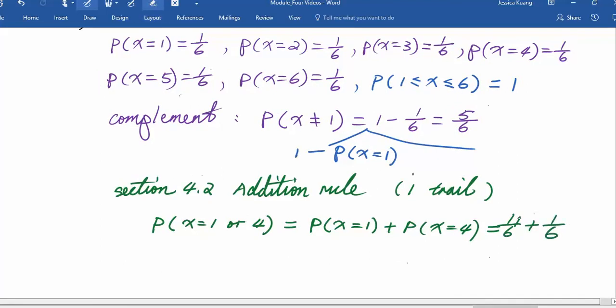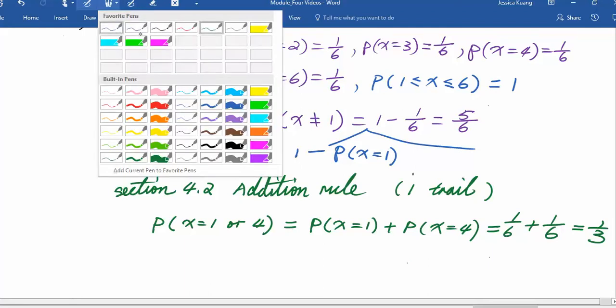So that is the addition rule. Now this is the simplest case of the addition rule. When you go through the homework, you see different cases.